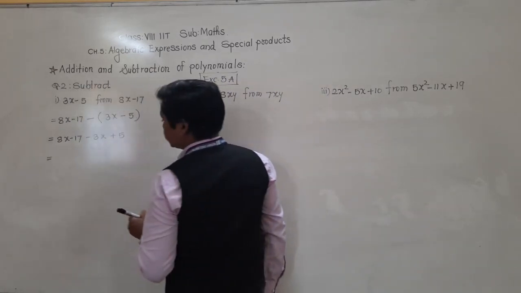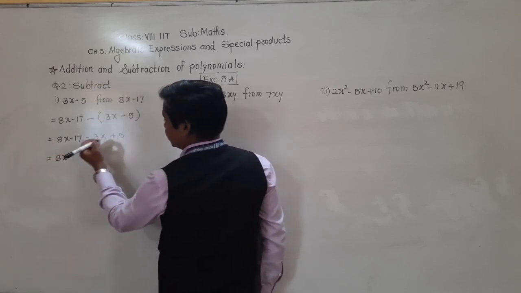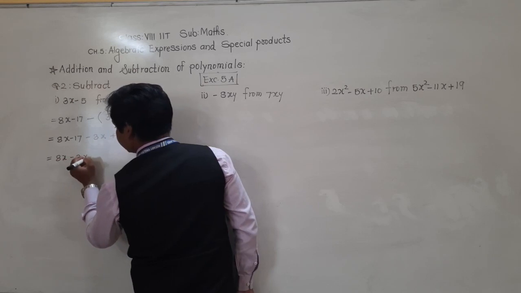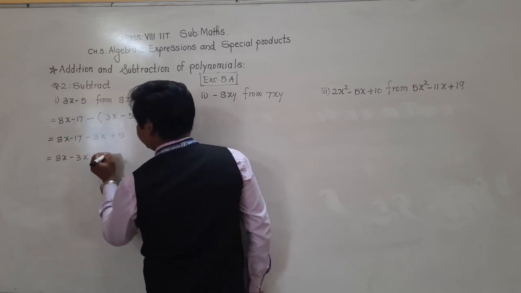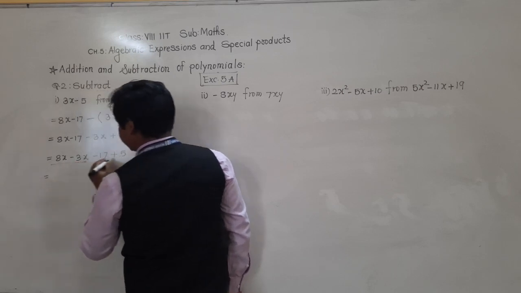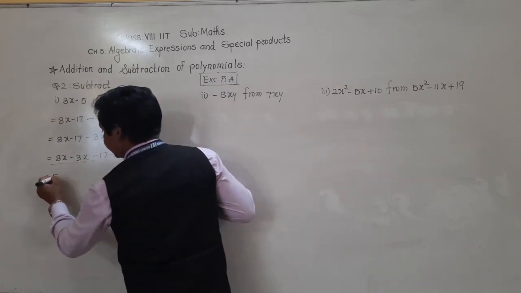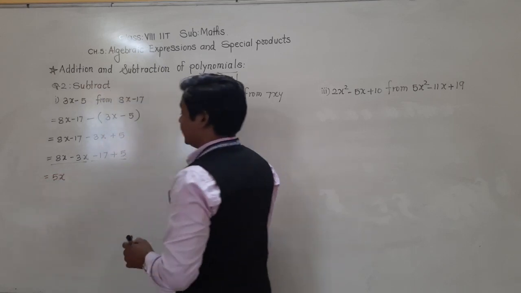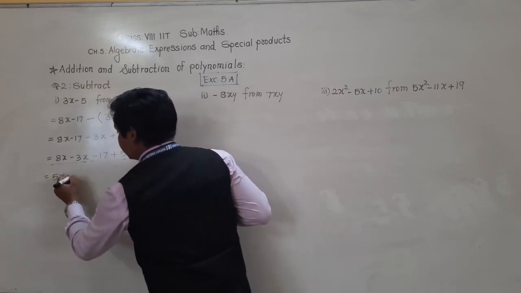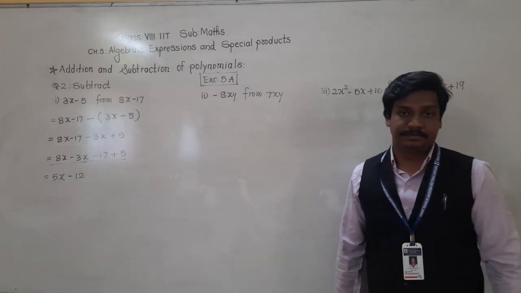Now take like terms together: 8x and another like term is 3x, so minus 3x, minus 17 and plus 5. So 8x minus 3x and minus 17 plus 5. 8x minus 3x, 5x, okay, and minus 17 plus 5, minus 12. So 5x minus 12.